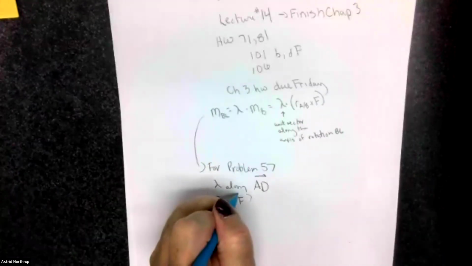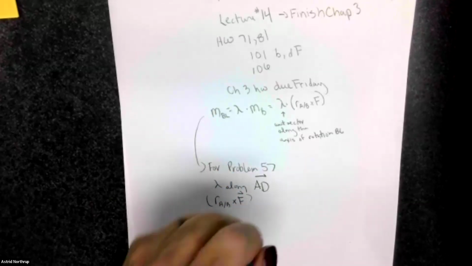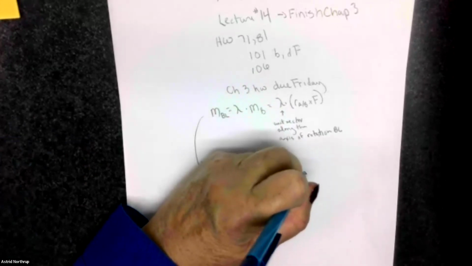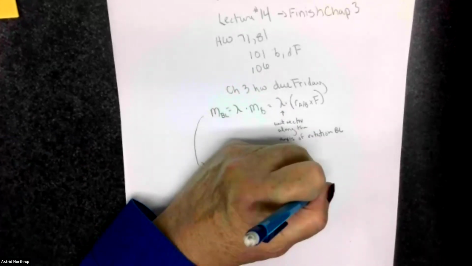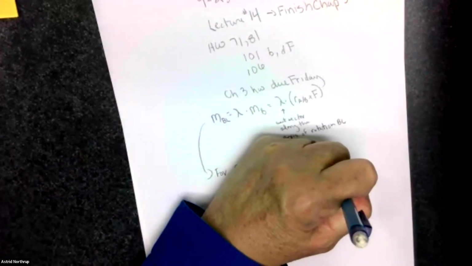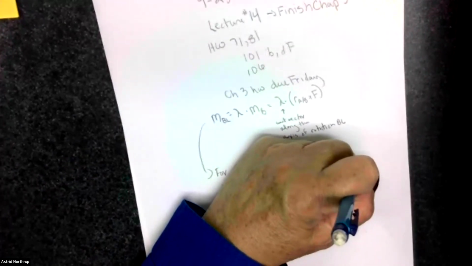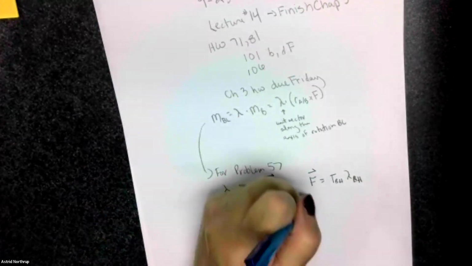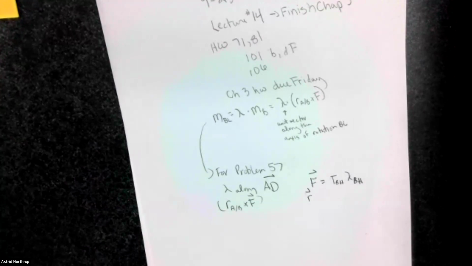My force is going to be the tension in BH times lambda along BH, right? And then last but not least, my R vector is going to be from the moment, we're going to take that moment about some point.